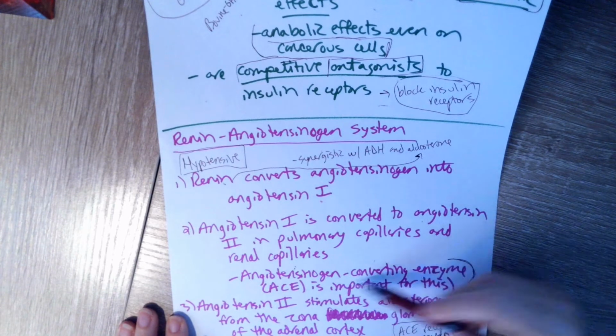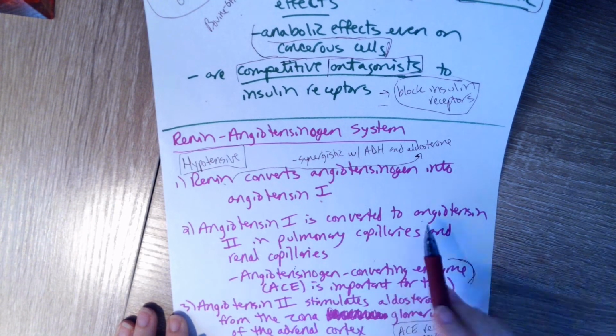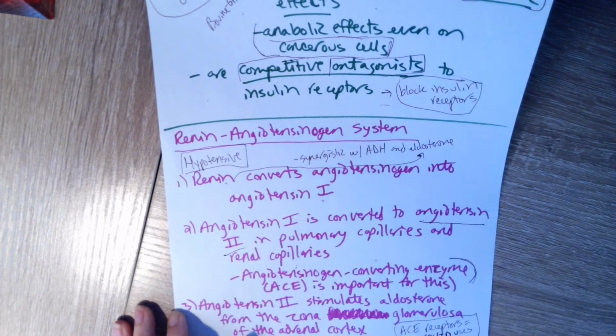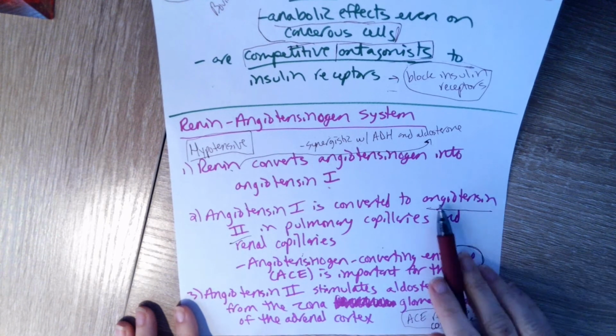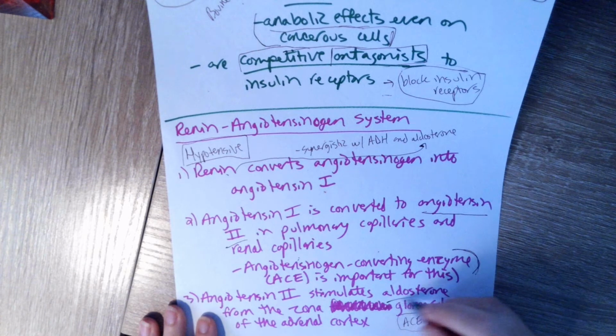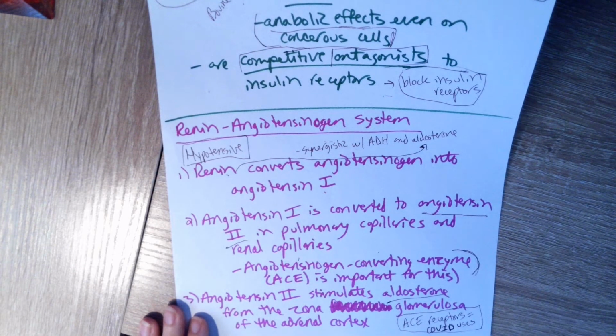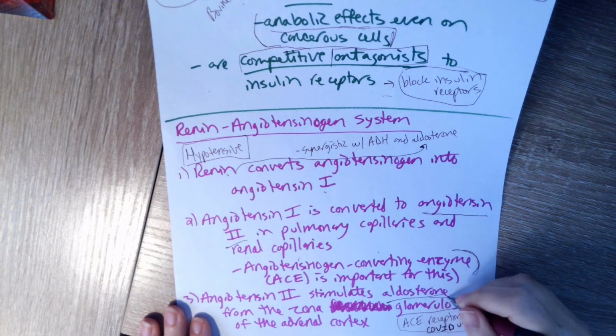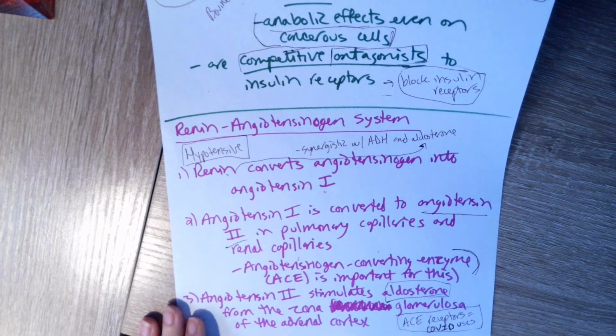Once we have our angiotensin 2, that is the whole point of this process. We need angiotensin 2 because it goes to the adrenal cortex and stimulates aldosterone. If you remember, we said that adrenocorticotropic hormone doesn't really stimulate aldosterone that much, even though aldosterone comes from the adrenal cortex.